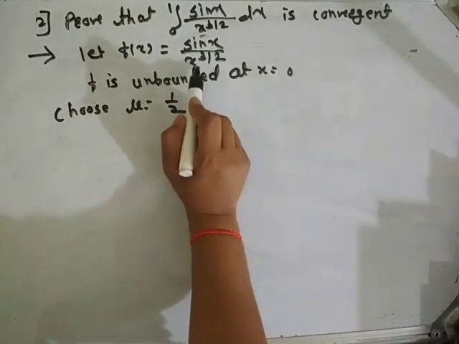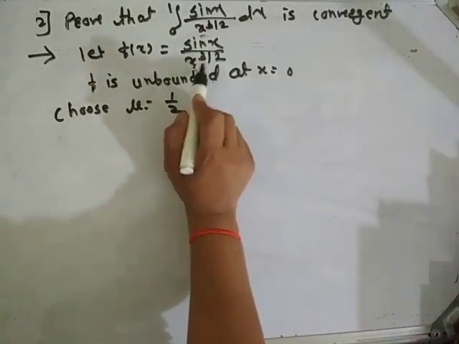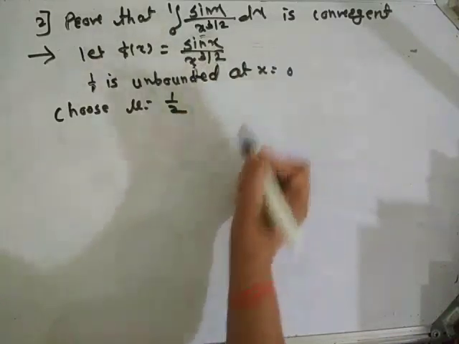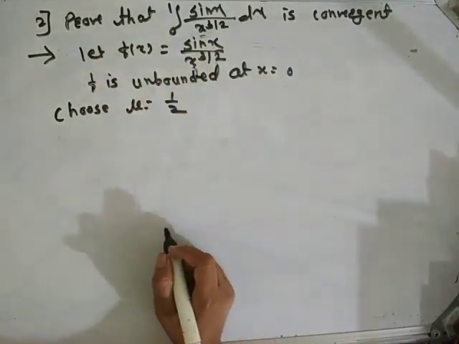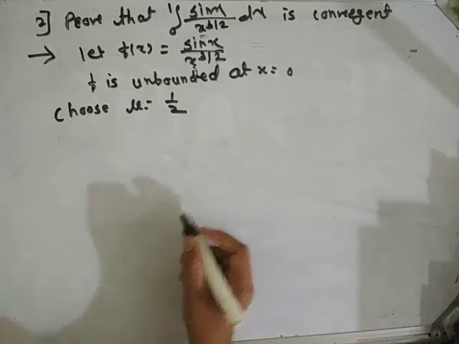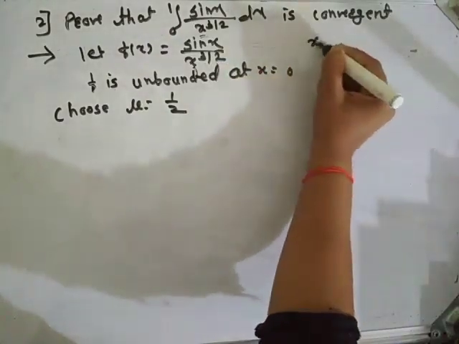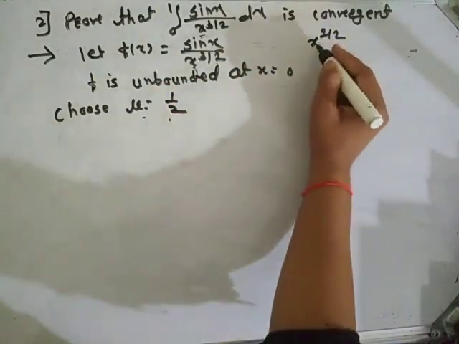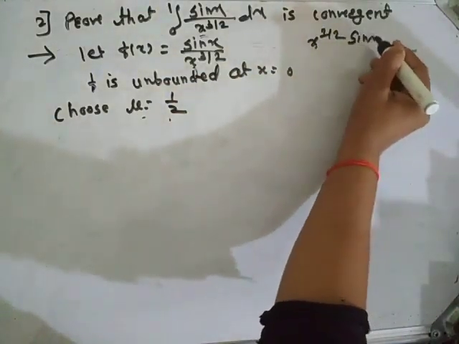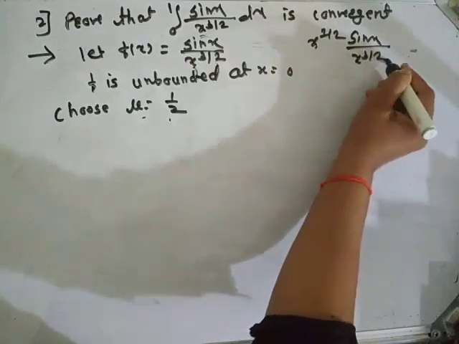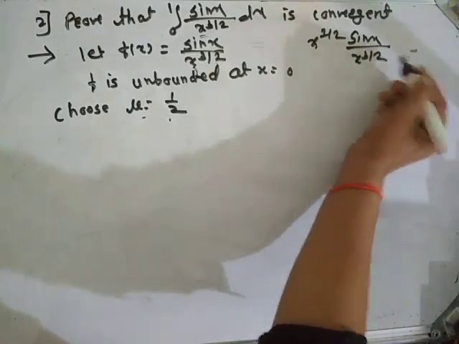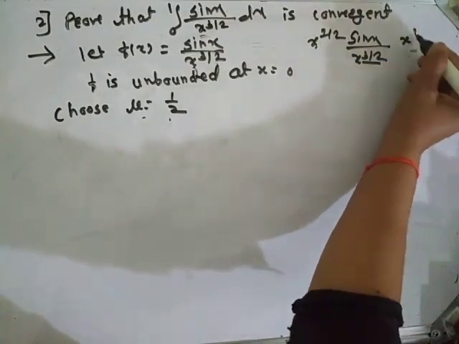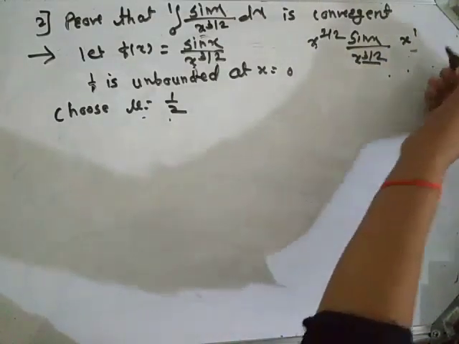See here students, this is x raised to 3 by 2. If we choose mu equals to 1 by 2, then we will get x raised to 1 by 2 into sin x upon x raised to 3 by 2. This x raised to 3 by 2 can be written as x raised to 1 by 2 into x.